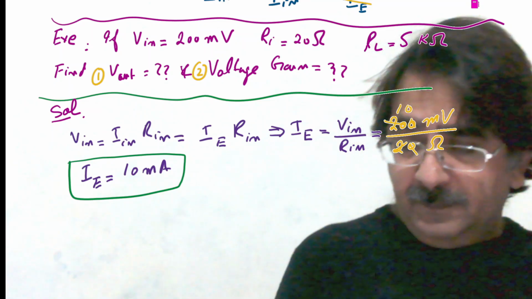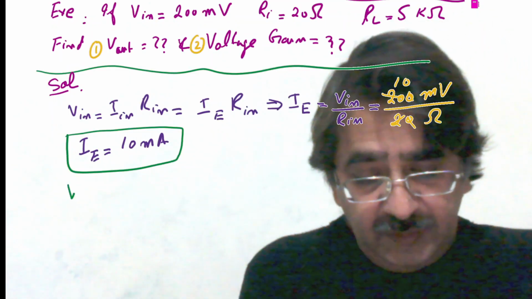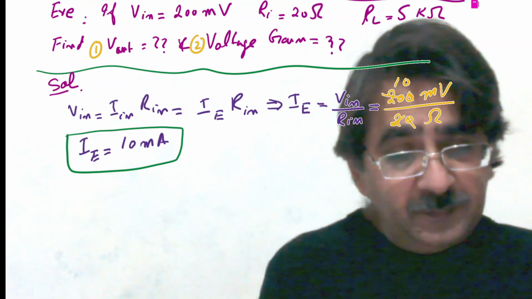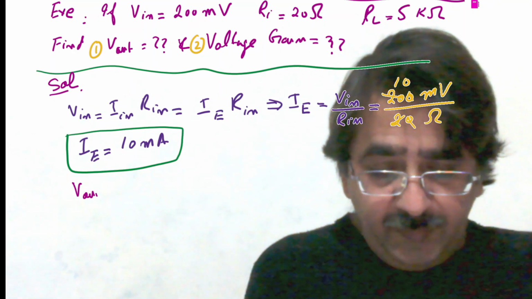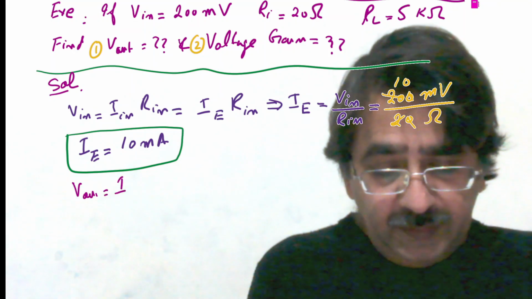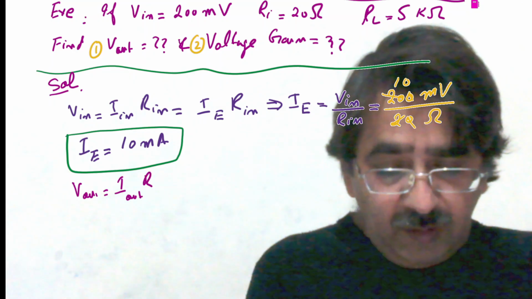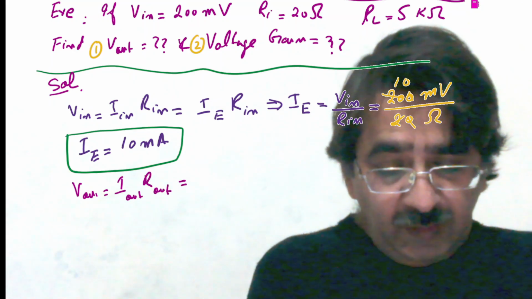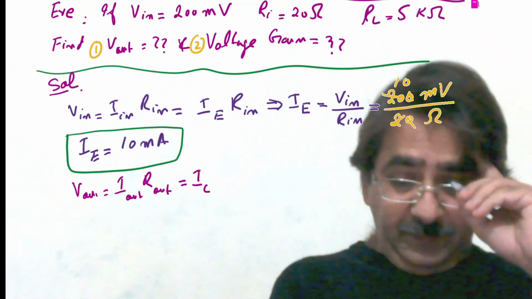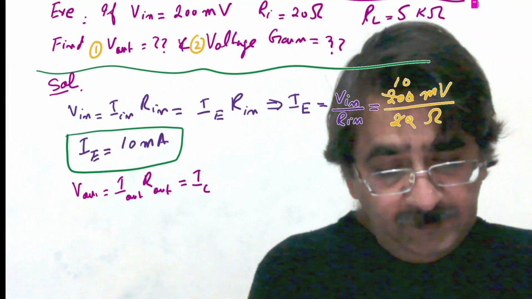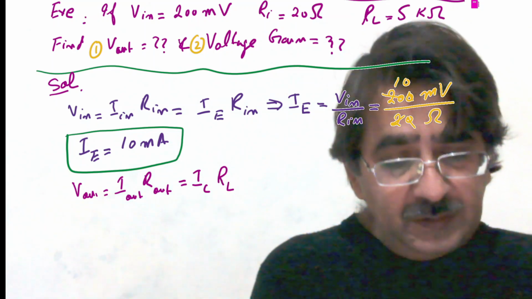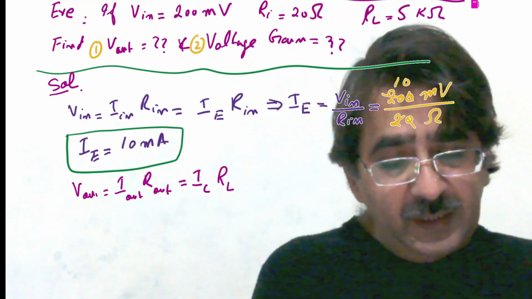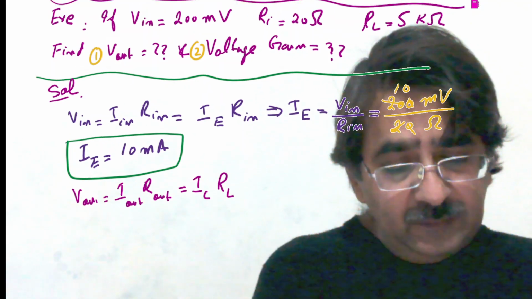And V out. V out will be equal to I out times R out. I out is IC, and R out is equal to RL. IC is not given.